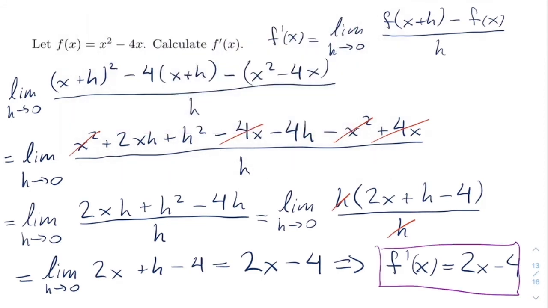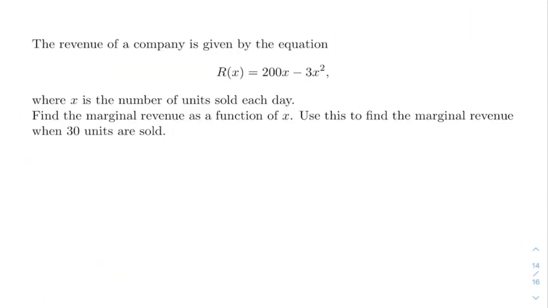Let's put this into some color. Let's finish this video by looking at an example where the derivative appears in a real-life problem. So let's suppose that the revenue of a company is given by this equation here. So r of x is equal to 200x minus 3x squared, where x is the number of units sold each day.